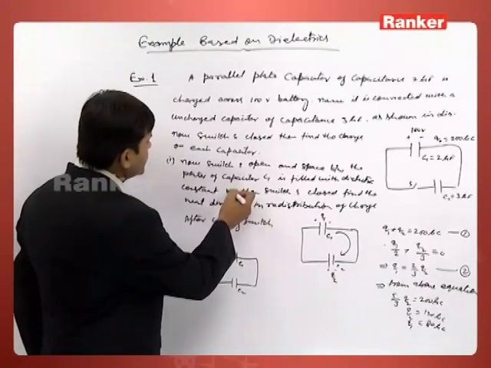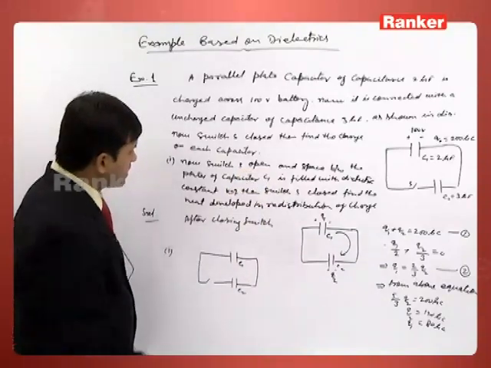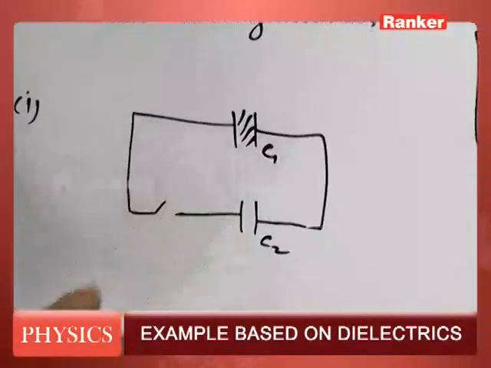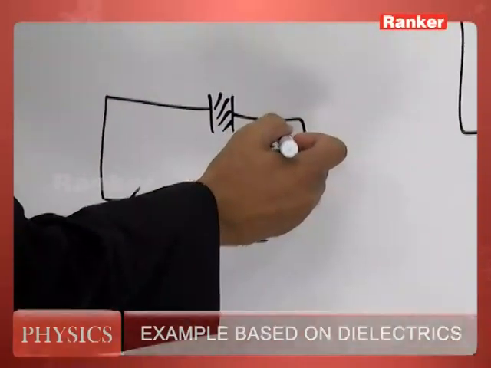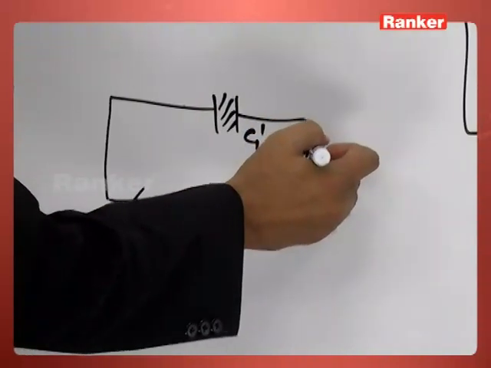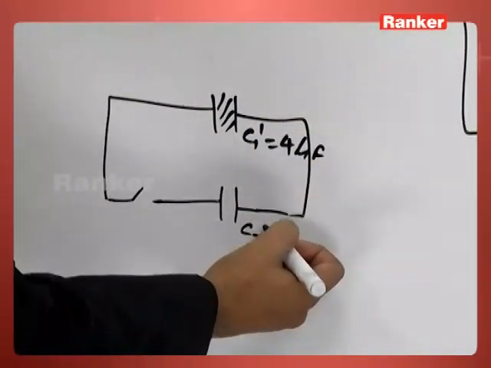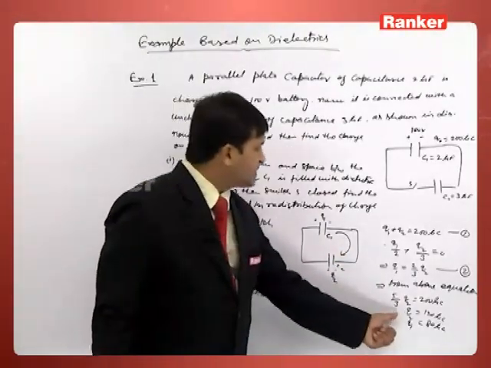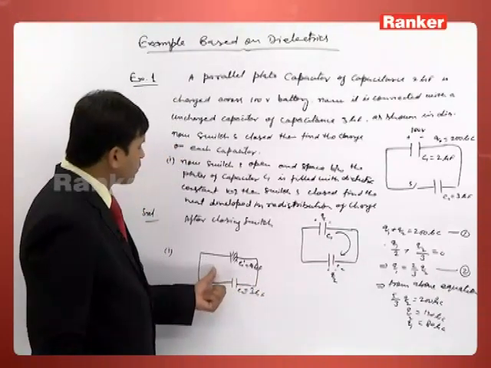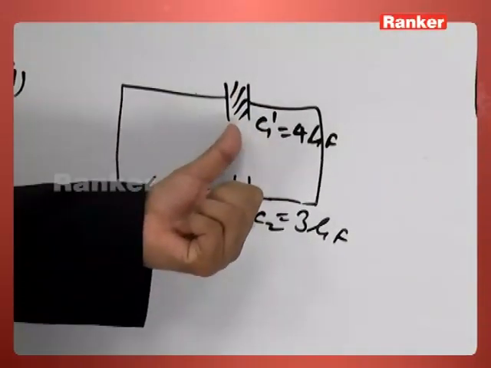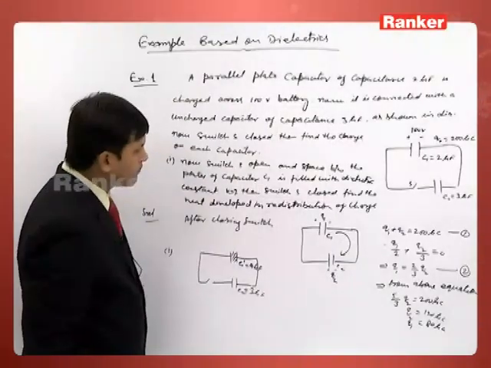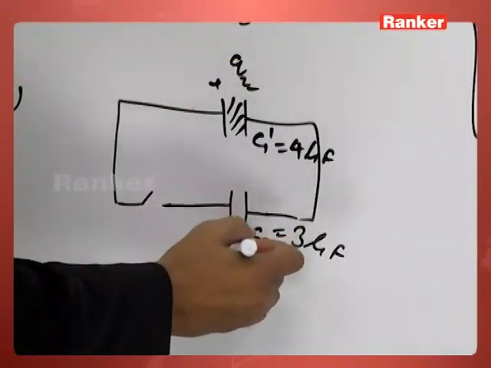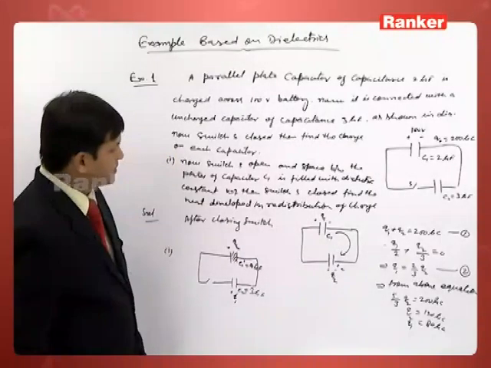We can assume K is any certain value, let K be equal to 2. So when it has been filled with dielectric constant K equal to 2, the new capacitance will be 4 microfarad and C2 will remain 3 microfarad. So after that what happened? Since the switch is open while the space is being filled, charge will not flow. The charge on this will remain the same, here Q2, and here it will be Q1 initially.